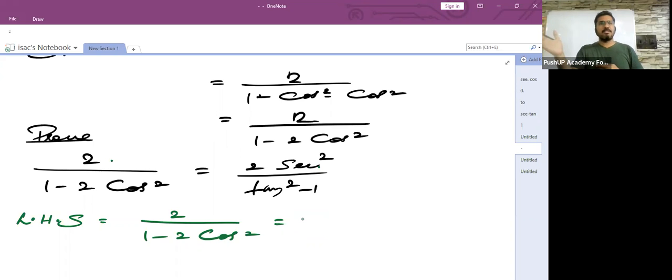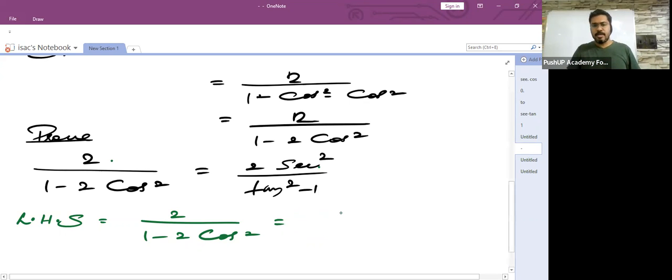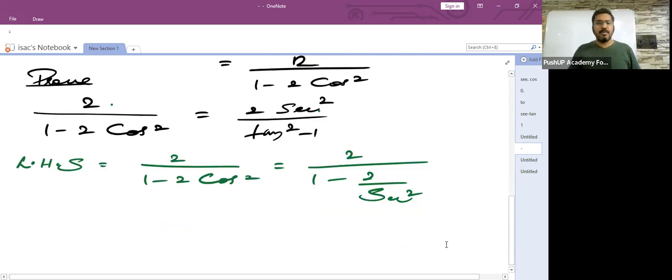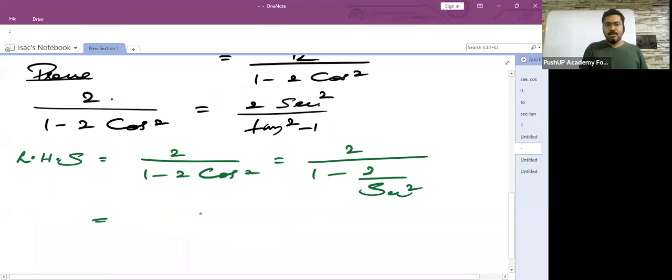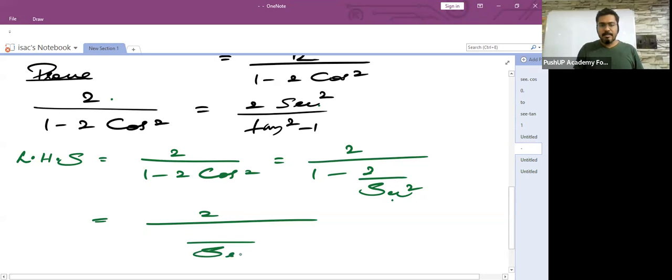Oh, you took the RHS. 1 upon sec square and then 2. Fine, chalo, we'll do that. So 2 upon 1 minus 2. Children, cos square is what? Sec square, isn't it? 1 upon sec square. So it becomes 2 upon sec square. This is equal to 2 whole divided by, now here you are having sec square as the LCM. So let me write sec square in the denominator.